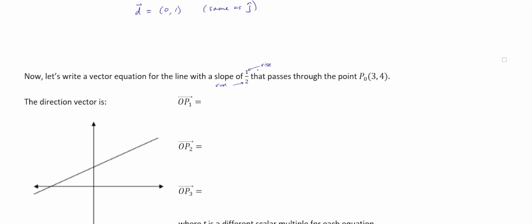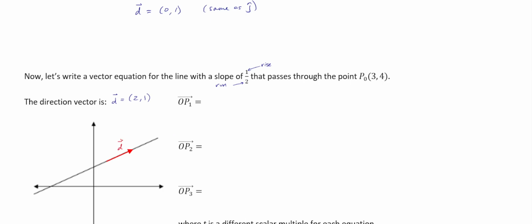My rise is my y component, and my run is my x component of the direction vector. So D is equal to 2, 1. So I have the direction vector, and now I'm going to place the direction vector on this line. This is my direction vector 2, 1.